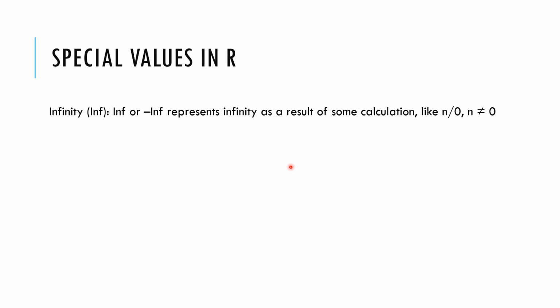Now there are special values in R we need to understand. When we are dealing with data, you may come across these symbols, or keywords basically. So Inf means infinity. It could be plus infinity or minus infinity. When you see this keyword in R, that means it is infinity and could be the result of some calculation such as n by 0, where n is not 0, like we already know mathematically.